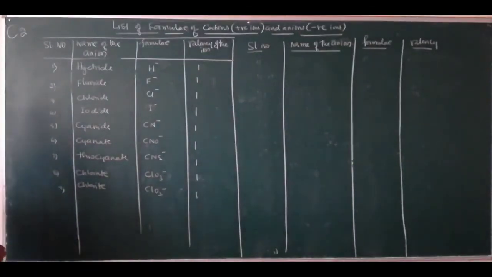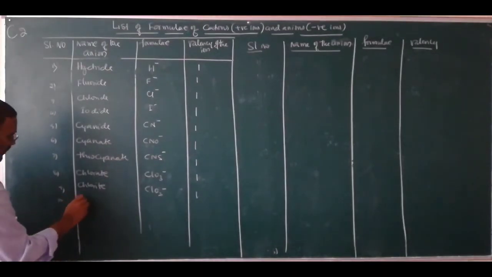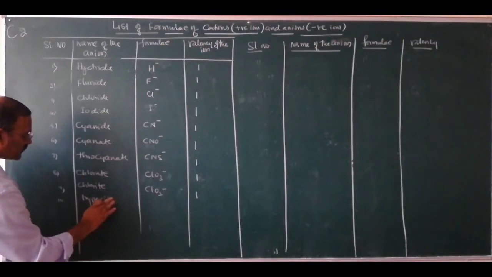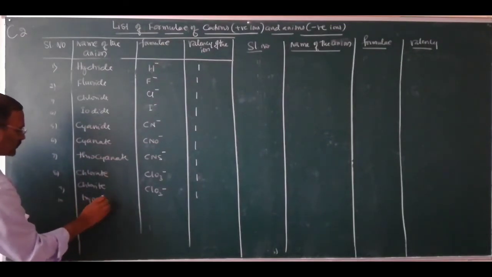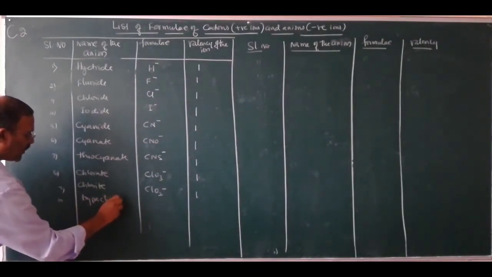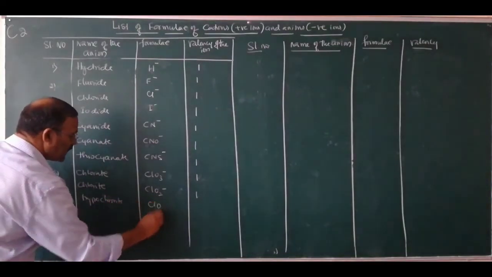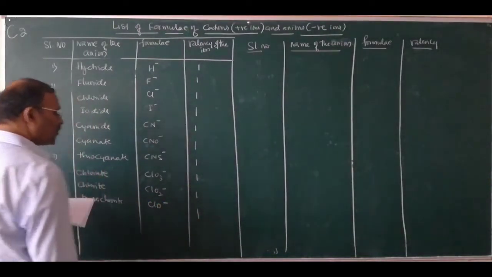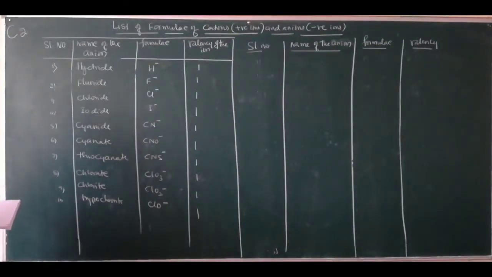Then chlorite, ClO2 minus, one negative charge. Then hypochlorite, ClO minus. So it is also one negative charge.